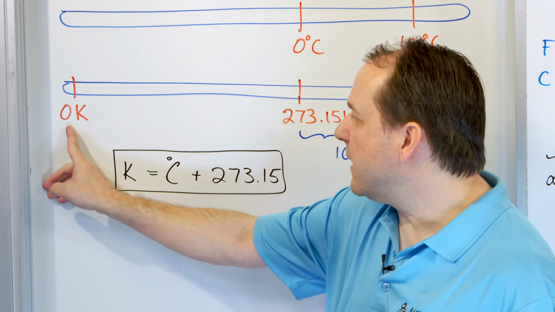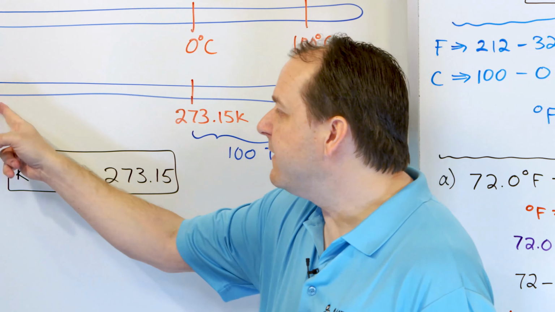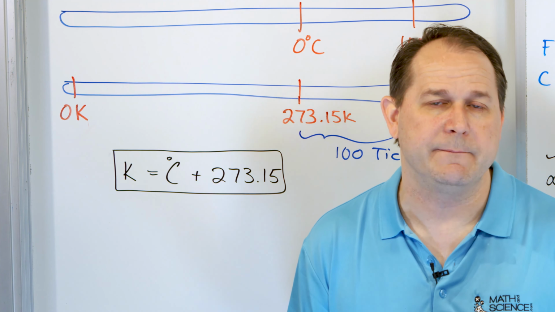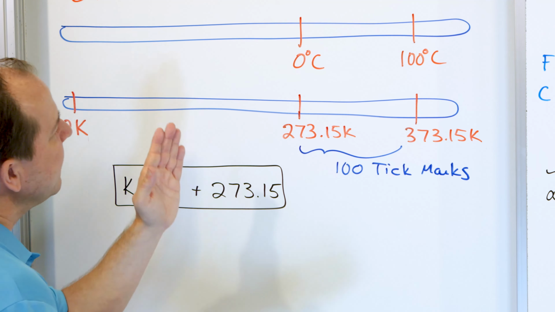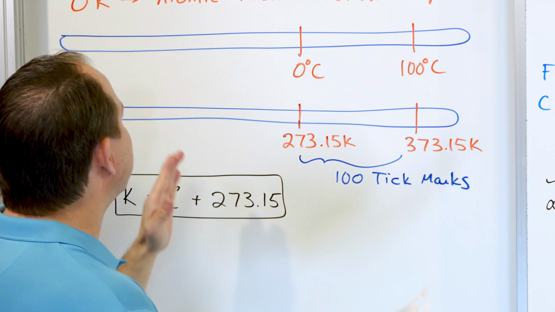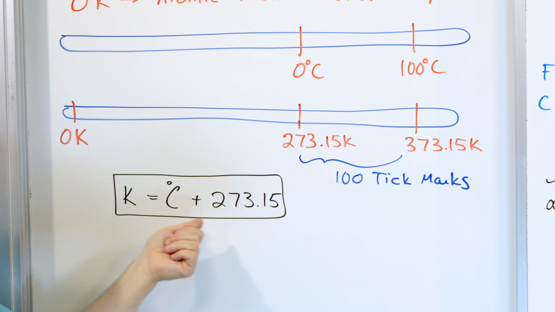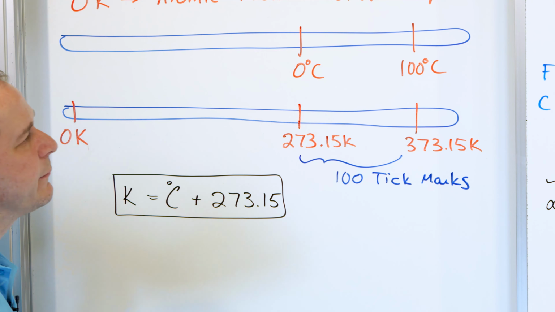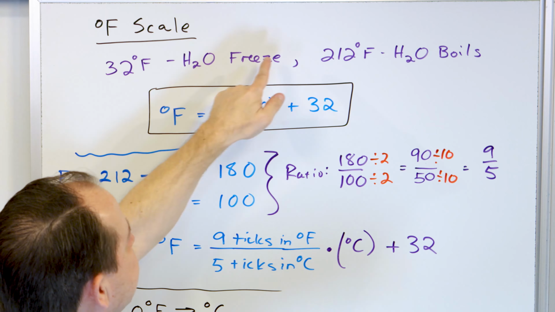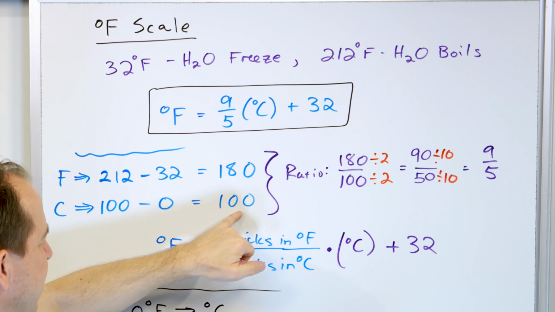All thermal motion stops. And that leads to a nice couple of things. Number one, the temperature scale in Kelvin is always positive. There's never any negative temperature, so that's nice. And because we set it up this way, we have the same number of tick marks between the freezing and boiling point of water, so the tick sizes in these scales are the same. It's very easy to go back and forth. You just add, or maybe subtract, a number. But the Fahrenheit scale has these crazy endpoints for freezing and boiling point of water, with 180 tick marks compared to the 100 tick marks.